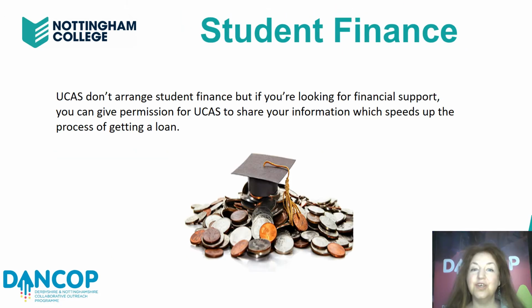UCAS don't arrange student finance themselves, but it's a really good idea to give them permission to share your basic details with the student finance company. It does quicken the process of getting a loan, so it's worth doing that. You don't have to, but you have that option.